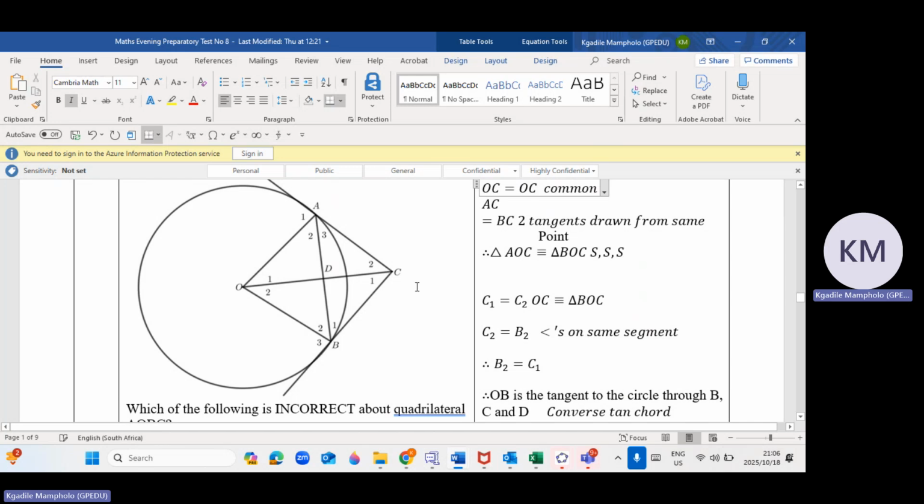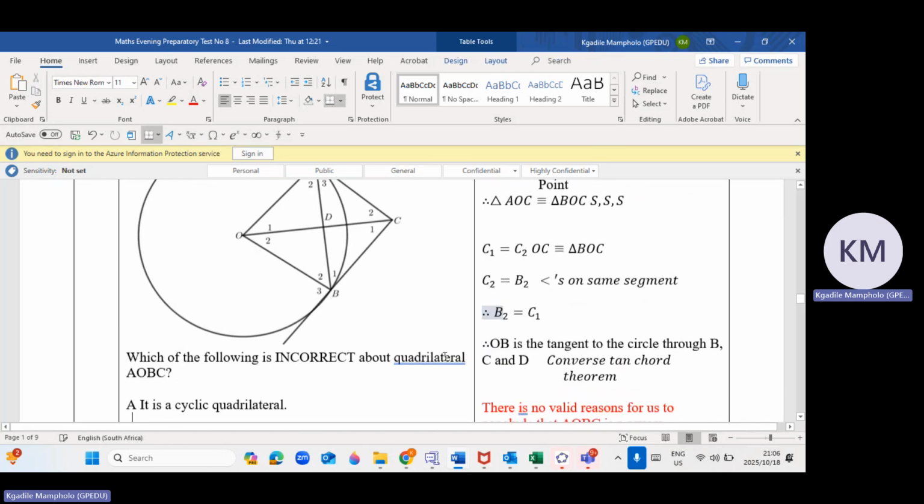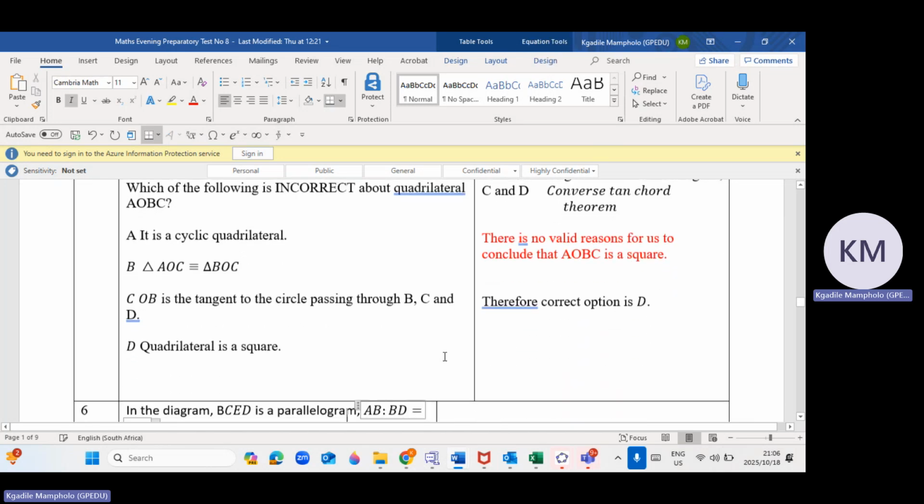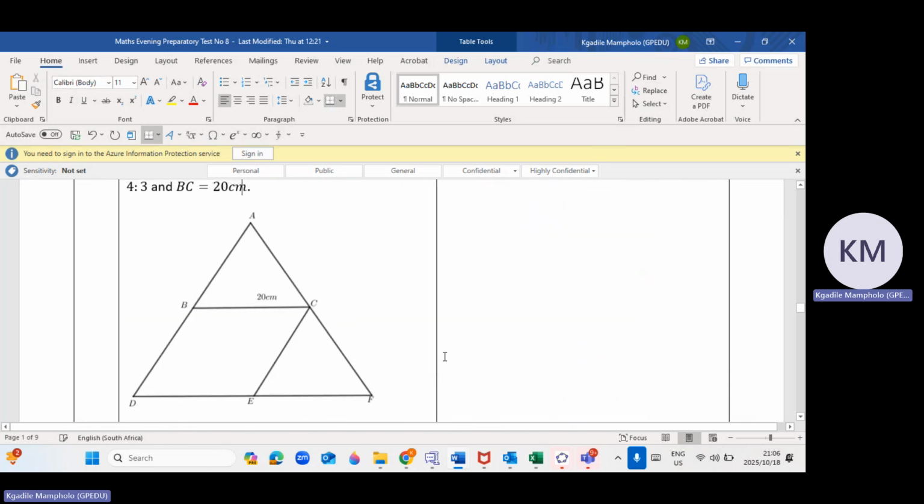So in this case, the incorrect answer is D. So the answer is D, because this is not a square.